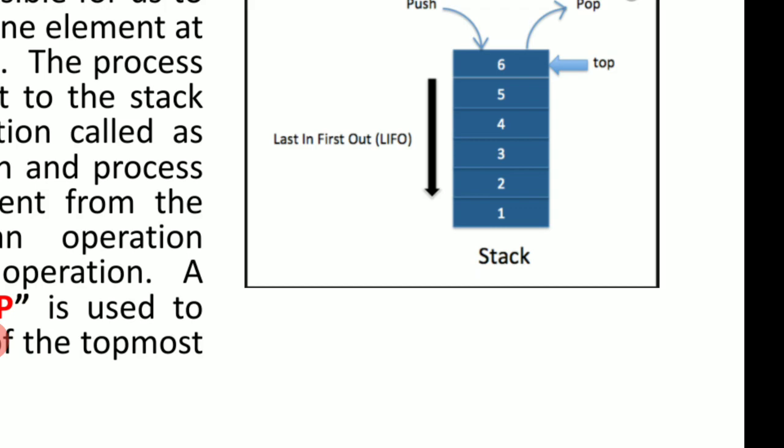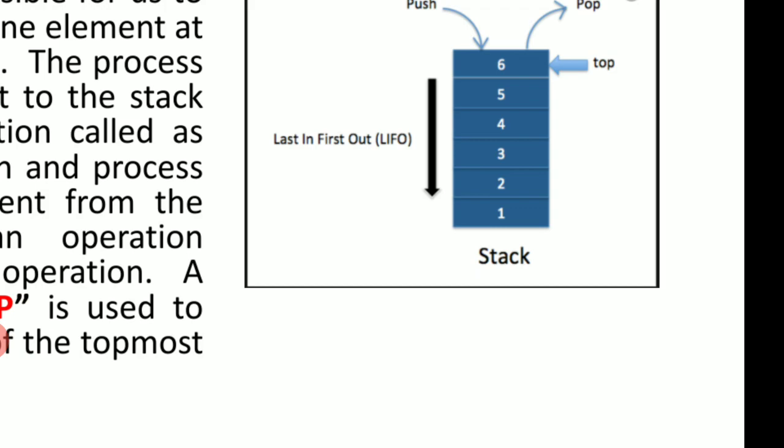There is a difference between an array and a stack. In an array you read the first element as 1, because you inserted 1, 2, 3, 4, 5, 6 and you read it in the forward direction. But in the stack, as it follows the last in, first out principle, you are going to read the last element first.